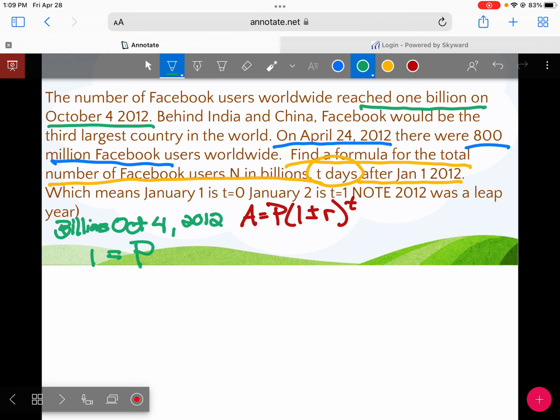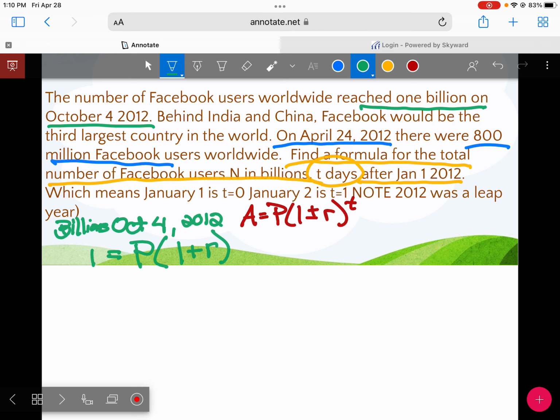And then our growth factor, I always have to think about it a little bit. Are we increasing or decreasing? Is it growth or decay? Growth. So it's plus. And do we know what our rate is? No. So I'm going to put that as R. And I did tell you what day it was.